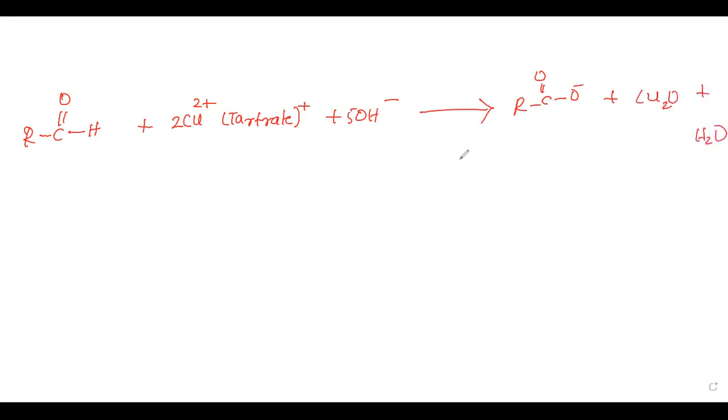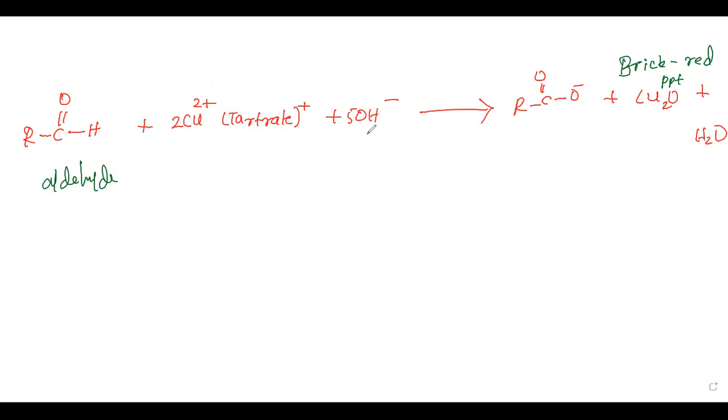And this cuprous oxide gives the clear observation. What is that? Brick red precipitate. So here again I am telling, the aldehyde reacts with the copper II tartrate ion. You can write like this because your reaction is given like that, though it is complicated.